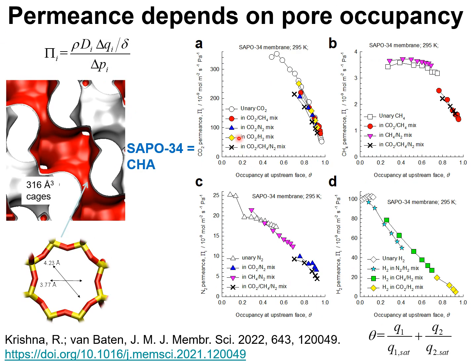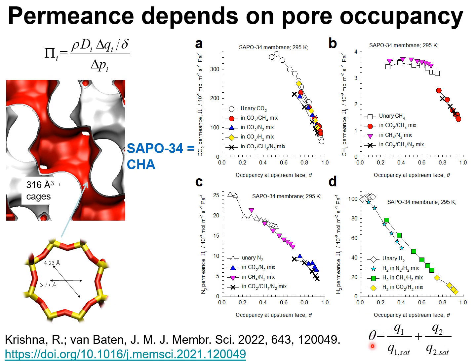We plot the same set of data for the component permeances for CO2, methane, nitrogen, and hydrogen, not as a function of the partial pressure in the upstream compartment, but by the occupancy of that component at the upstream face.